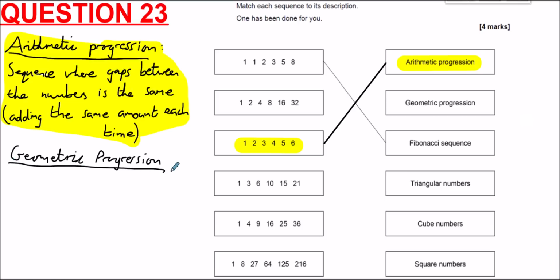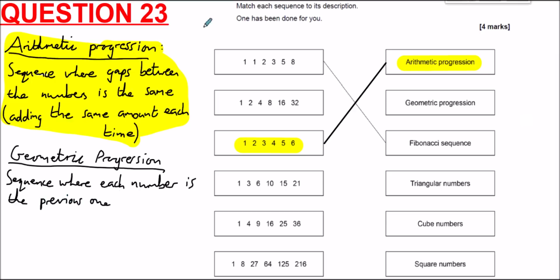With a geometric progression, it's a sequence where each number is the previous one multiplied by a fixed value.